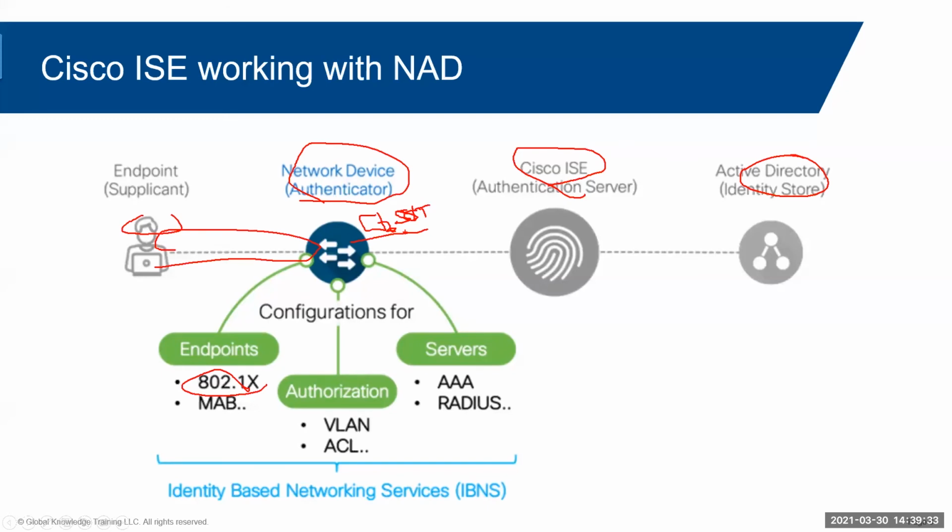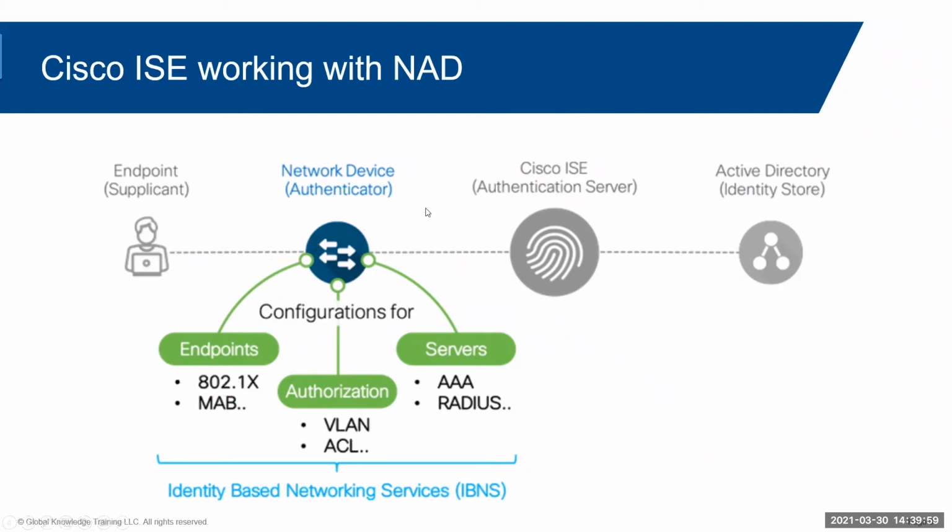ISE will tag the frames. Later, this frame will go to another router, and the router will say, one moment, I see your tag only allows you to connect out this interface, but not this one to our data center. So every router can be involved in allowing or not allowing. That's called TrustSec, and in Cisco, ISE is the master brain of that. ISE is the centerpiece of it.